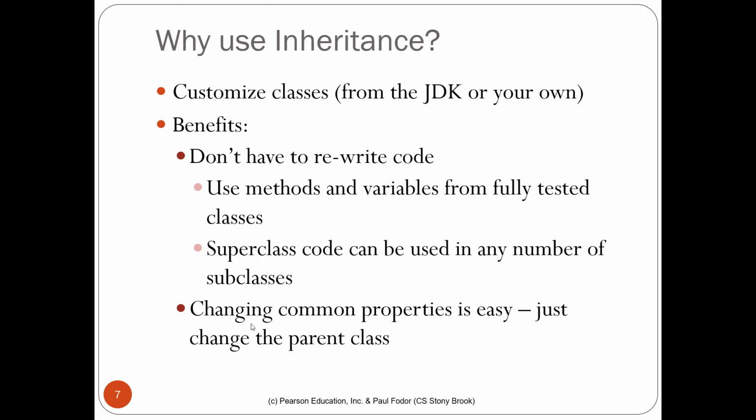Now for our application, we may just need to slightly modify the existing classes that are already available to us, either from the JDK or maybe from someone else. Then inheritance helps. What we need to do is just customize the classes which are already available.